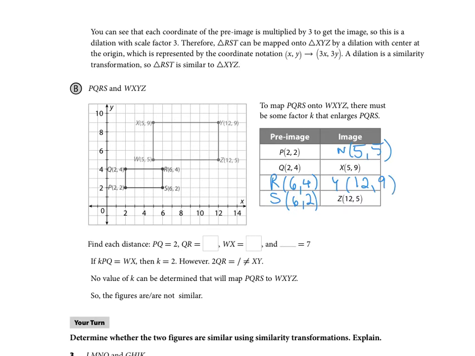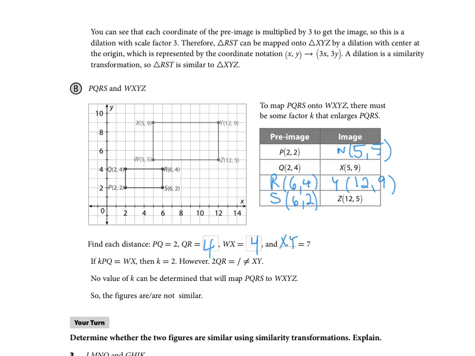So we're going to find each distance. We're going to find that from P to Q, and we're just counting right along the grid here, is 2. And then Q to R, across horizontally, is 4. WX, we can say, is 4. And XY, if we count across the top of that top rectangle, is actually 7.